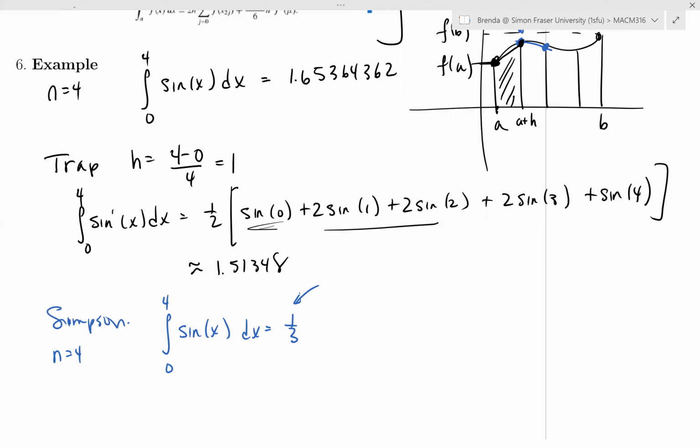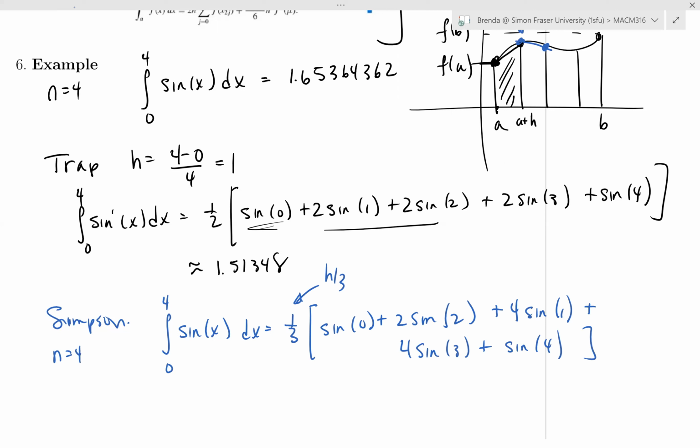This right here now is h over 3. And we are going to take the sine of 0 plus 2 sine of 2 plus 4 sine of 1 plus 4 sine of 3 plus sine of 4.